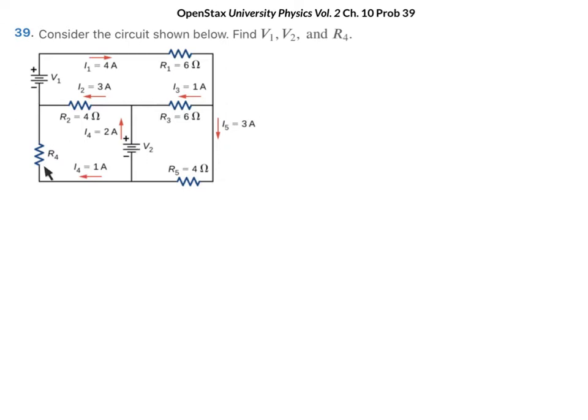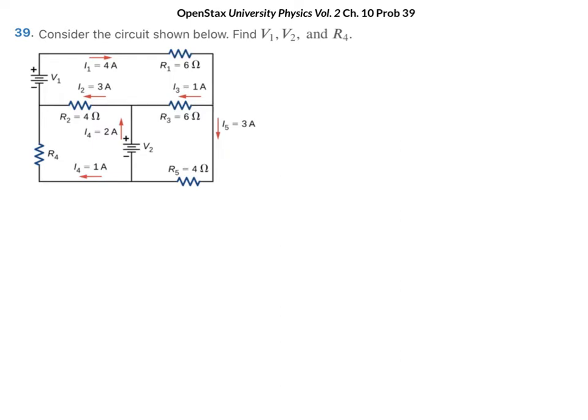and resistance 4. So V1 is part of this loop. It's part of several different loops, but I'm going to look at this particular loop here because I know that the current here is 4 amps, so that means that the current starting at this junction and going through this resistor and ending at this junction is 4 amps.